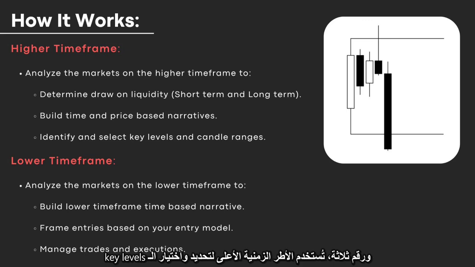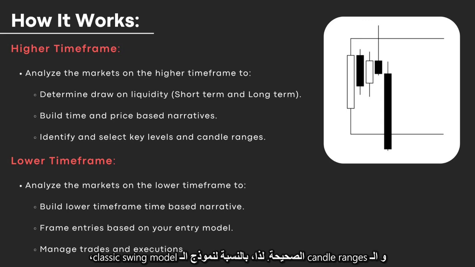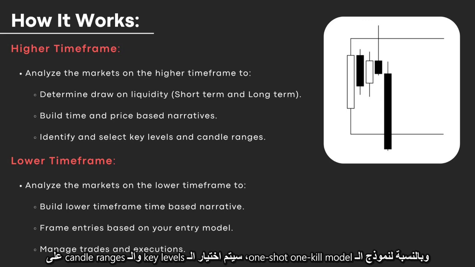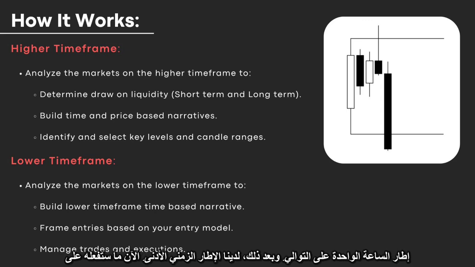And number three, the higher time frames are used to identify and select the correct key levels and candle ranges, right? So for the classic swing model, your candle ranges or CRT and key levels are going to be selected on the monthly time frame, and for the One Shot, One Kill model, your key levels and candle ranges would be selected on the 1 hour respectively.